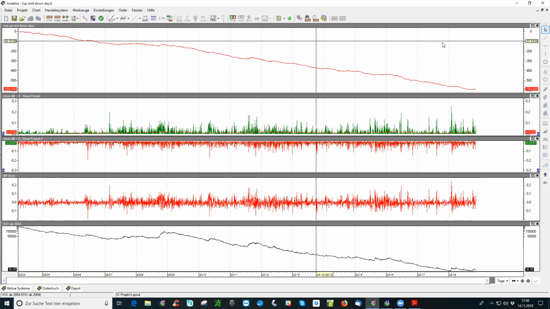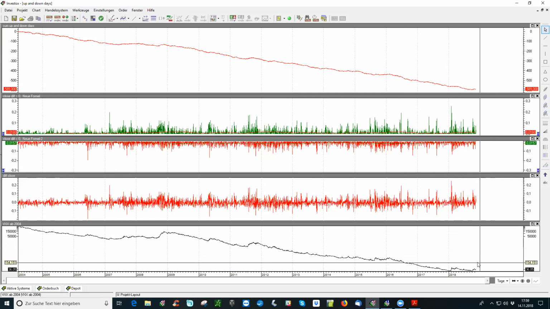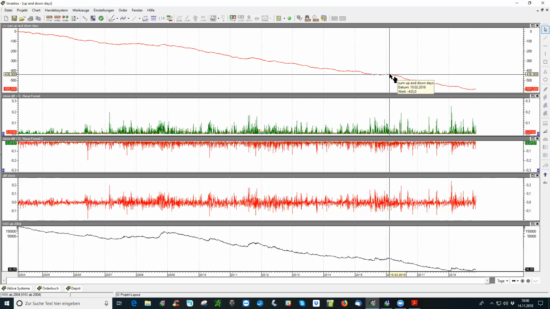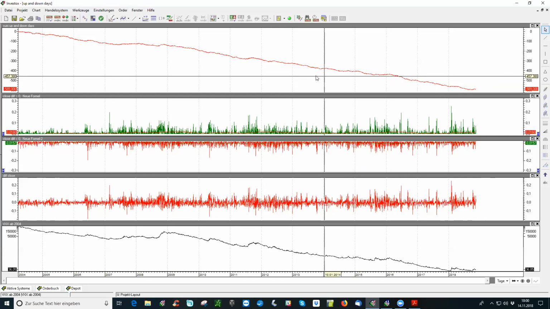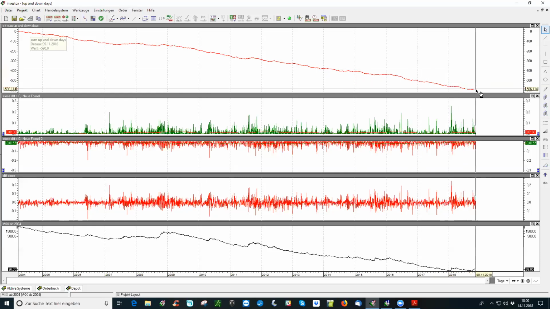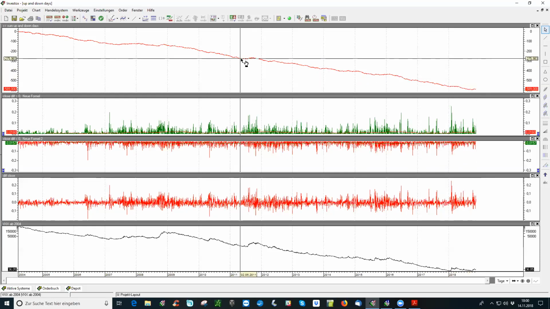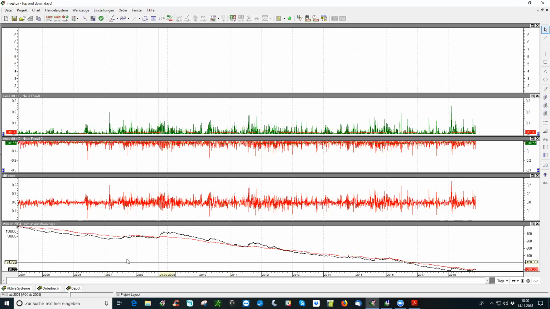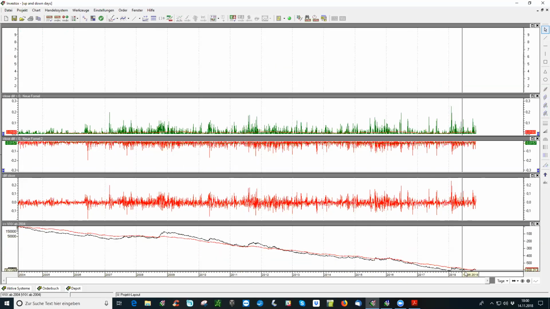And here you can see this is from the beginning 2004 until today, and this is the number of all the days, whether there are more up days or down days. And you see the down days are much more than the up days. And if you take this one and put it down here, you see pretty much the same result.